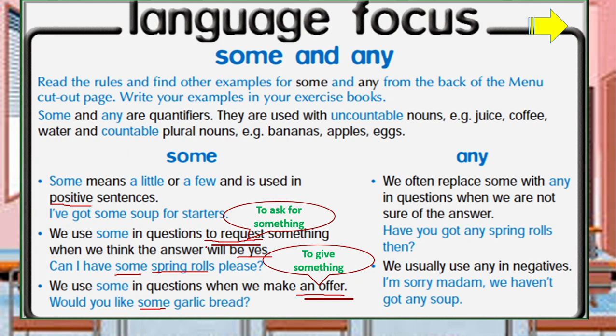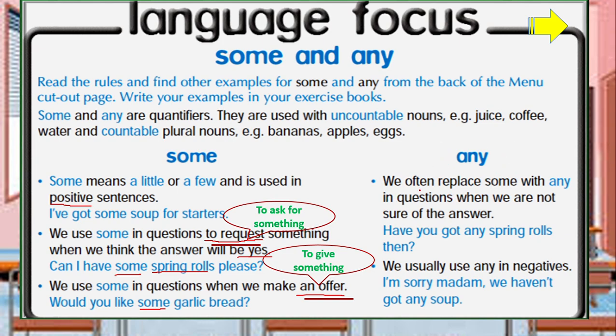And we use some in questions, in two cases. If we think the answer will be yes, our request is possible, and we use it also in questions of offer. When we are offering, when we are giving something, we use some. Good, students? Now let us look at any here.